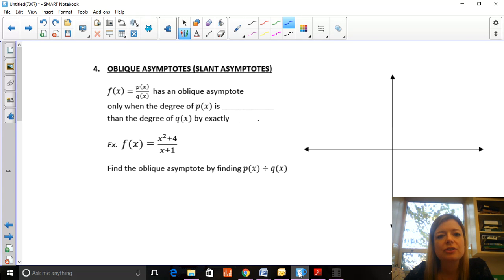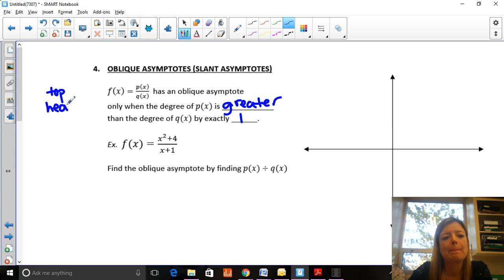So a rational function f of x equals p of x over q of x has an oblique asymptote only when the degree of p of x is greater than the degree of q of x by exactly 1. In other words, it's top heavy, but only by 1 degree.